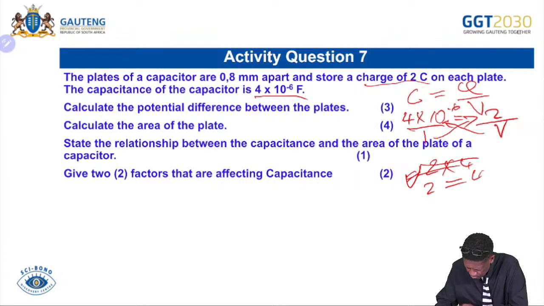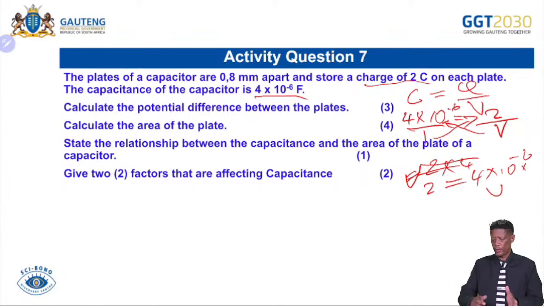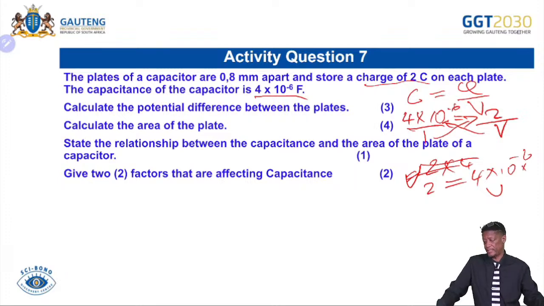Then we've got 4 times 10 exponent 6 multiplied by V. Then you can calculate when it's like this. All right? So this is how the cross multiplication is very important.